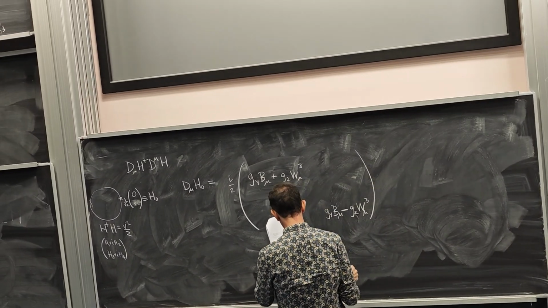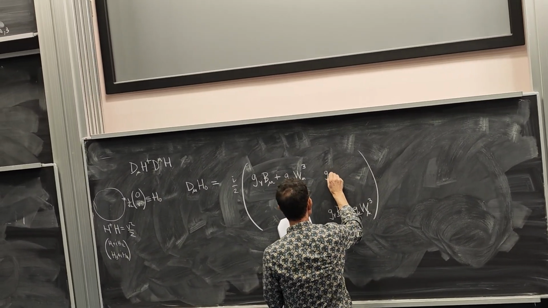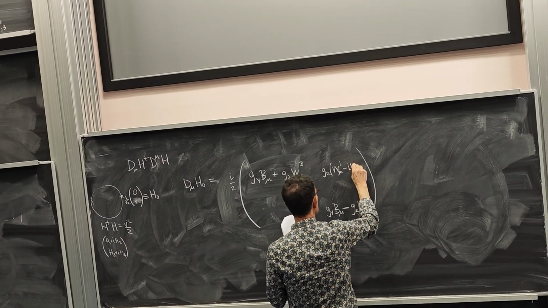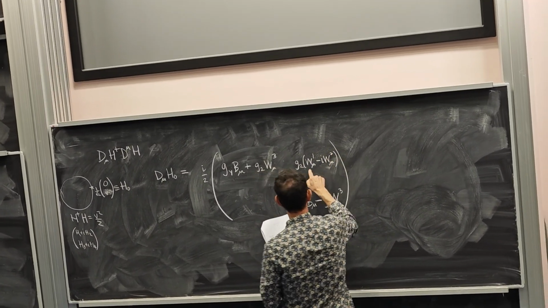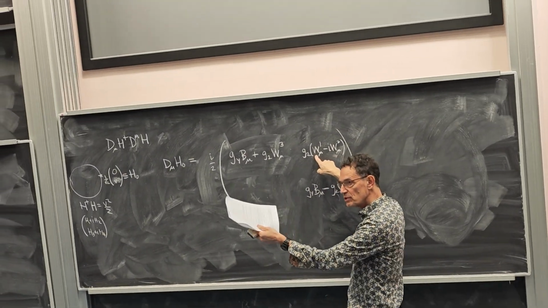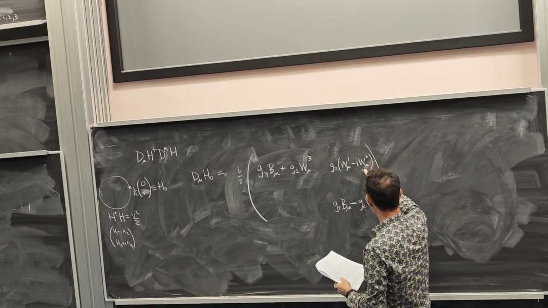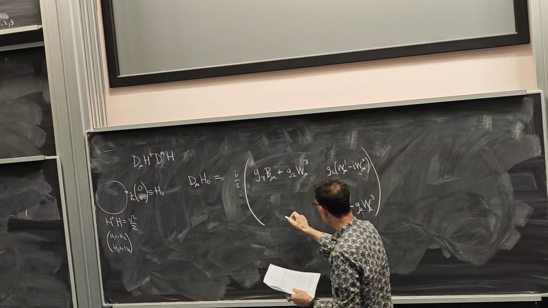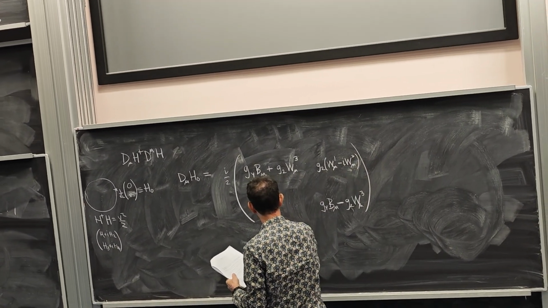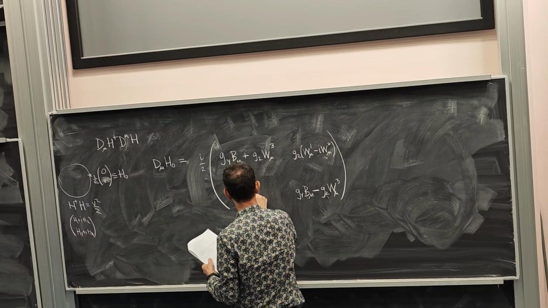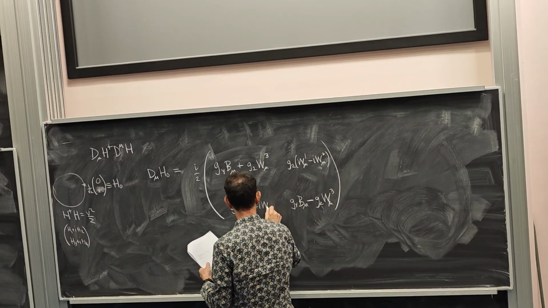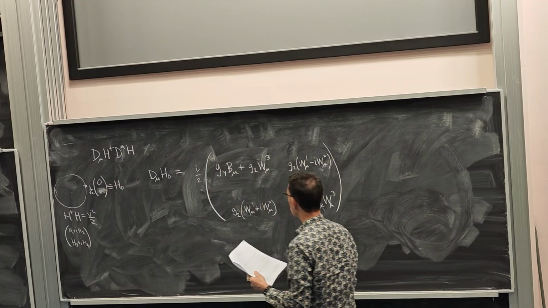Now let's do the off diagonal ones, and I get G2 W mu 1 minus I W mu 2. Why? Because W1 comes with sigma 1 over 2, and W2 comes with sigma 2 over 2. Sigma 2 has this minus I up here, and then I have the Hermitian conjugate down here. So W mu 1 plus I W mu 2.